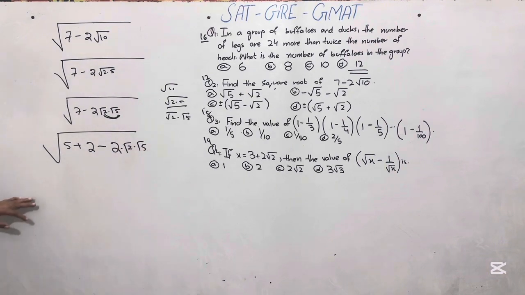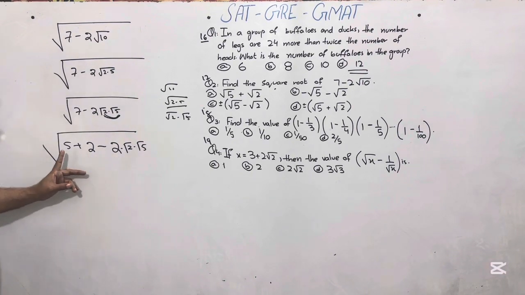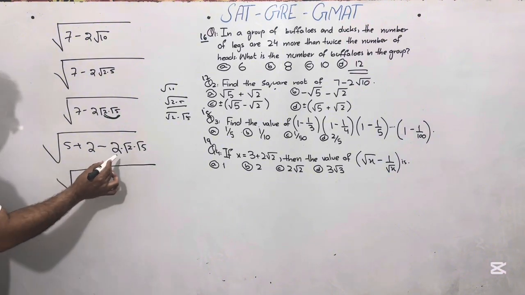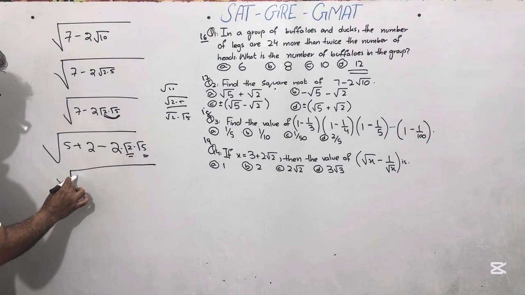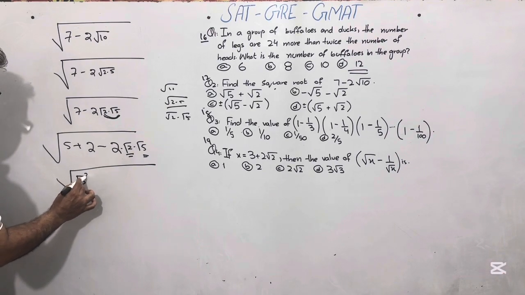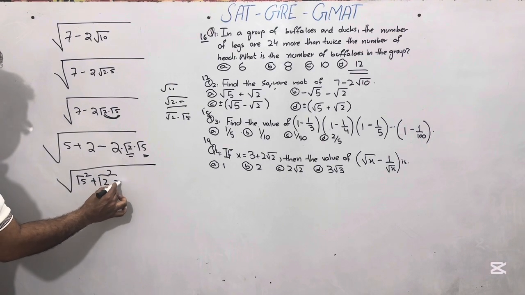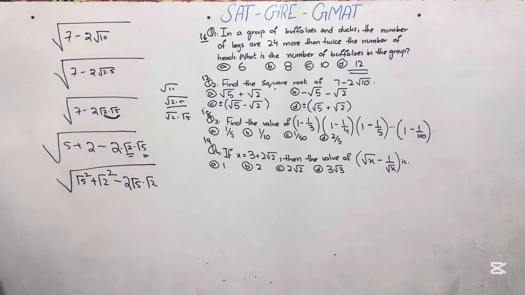Now our question is going to take shape. This is 2 times AB, and here must be A squared and B squared. I can write 5 as root 5 squared and 2 as root 2 squared, minus 2 times root 5 times root 2.